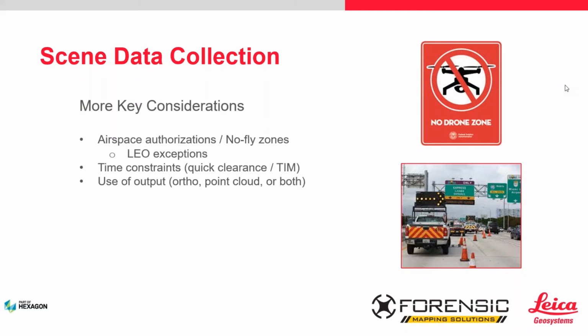So to move on a little, another consideration is the time constraints and quick clearance. That's where all the drone stuff kind of got started. That's how we got started with it in Massachusetts, because there's such a demand from the federal highway and state DOTs and across the country for what's being called quick clearance, or traffic incident management.